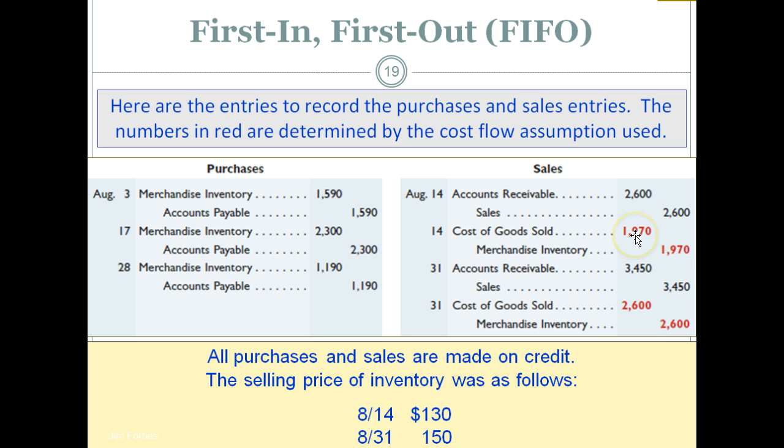And this has to be calculated based on whatever method, whether you're using the weighted average, LIFO, FIFO, or specific identification. And this is going to be part of that calculation that can hurt you on your test questions. And so you remember, you're recording the sale, and then you're recording the cost of goods sold and the depletion of your inventory.